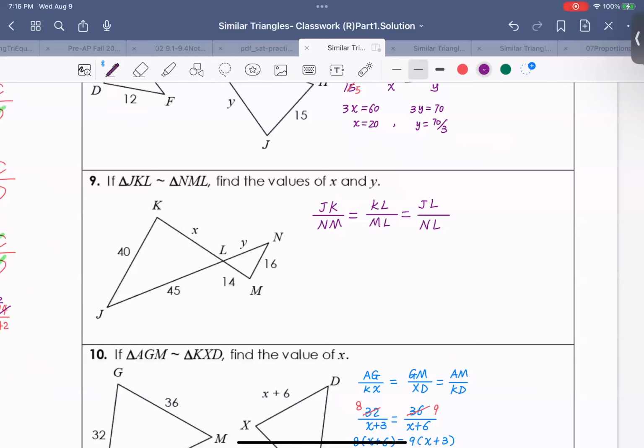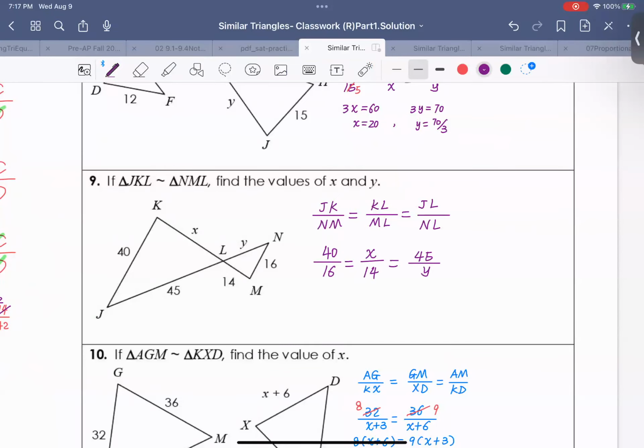And then let's plug in. Who is JK? JK is 40. NM is 16. Good. And then KL is x over 14. Good. And then JL is 45 over y.